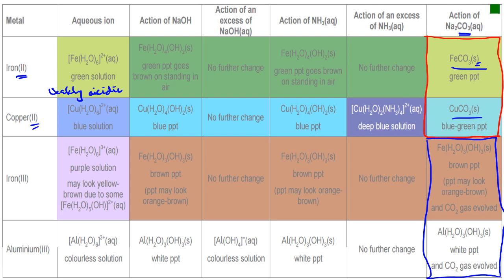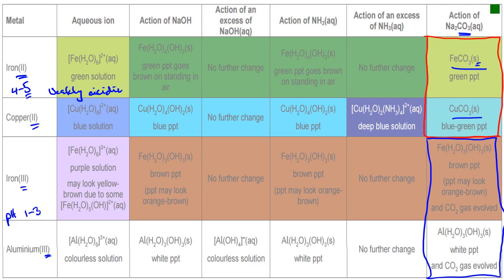So the pH of these might be probably 4 to 5, around about 5. Whereas the pH of our 3+ ions here is going to be 1 to 3, about 2 probably. So much more acidic, and for why, refer back to the video.